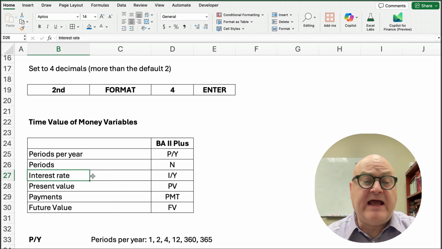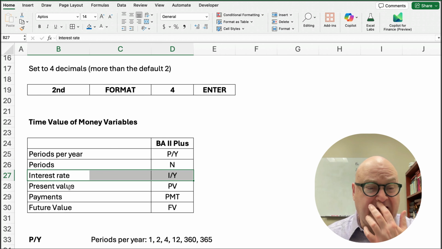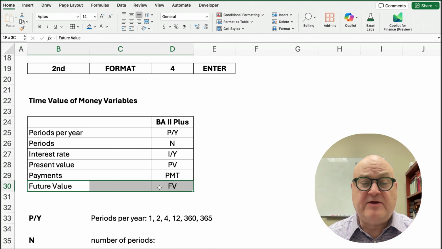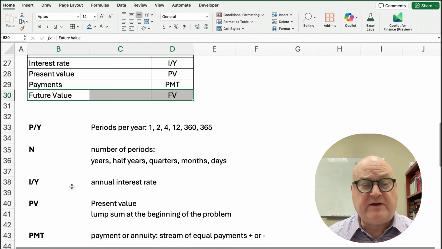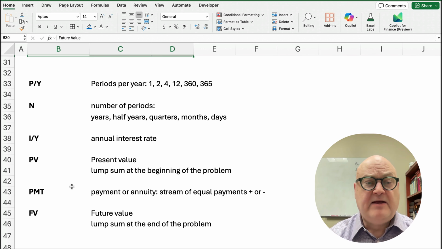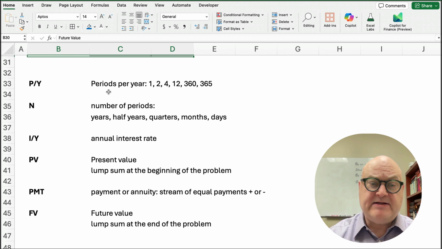We're going to put in the annual interest rate, so we know the number of periods, the interest rate, and then we have a present value, which is PV, and a payment, which is PMT, and a future value, which is FV. So let me define these a little bit more rather than just the name. P/Y is the compounding periods per year. So it'd be annual with 1, semi-annual would be 2, quarterly would be 4, monthly would be 12.